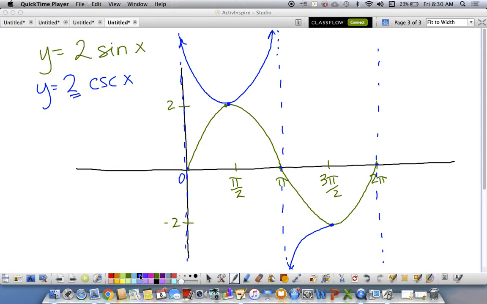The original function is increasing from 3 pi over 2 to 2 pi, so the reciprocal graph will be decreasing. Okay. I'm introducing some new vocabulary. Increasing and decreasing functions. We got asymptotes. Now after 2 pi with the same graph, the upward parabola and the downward parabola just repeat again. Yes, it will. It's still a periodic function like sine.